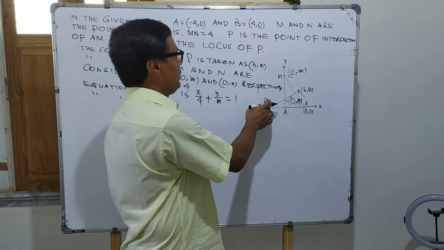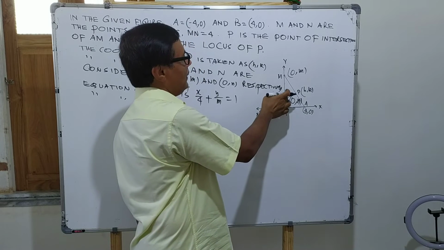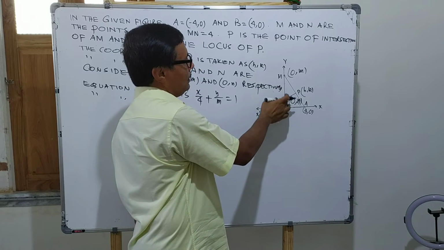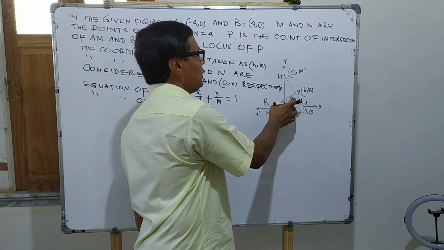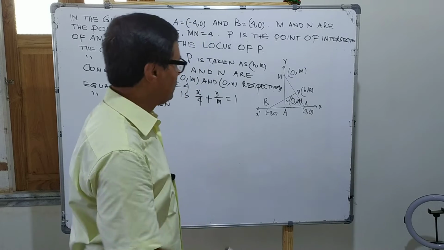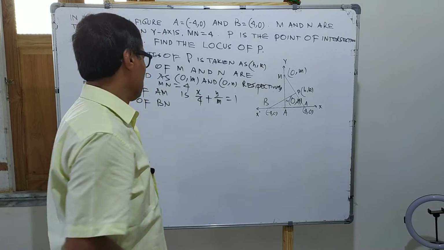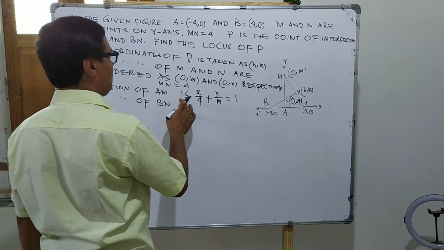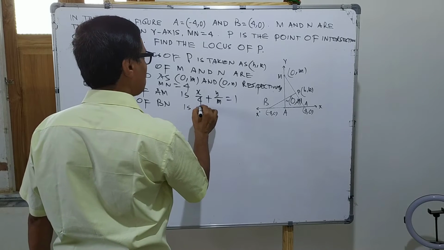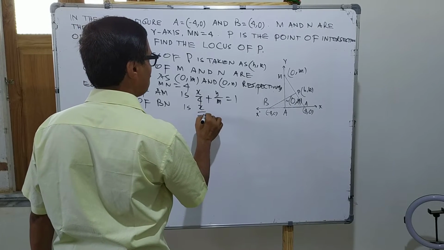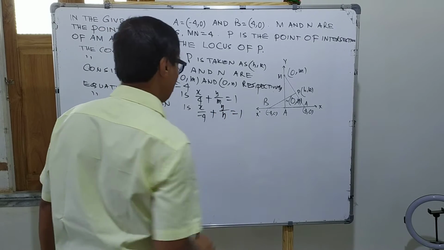That is, B lies on the x-axis with coordinate minus 40, and N also lies on the y-axis, and the coordinate of N is considered as 0 n. So the equation of BN in intercept form is x over minus 4 plus y over n equal to 1.